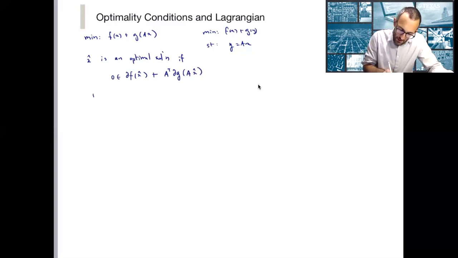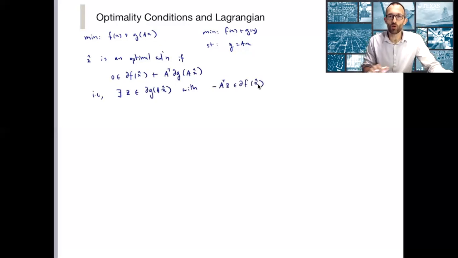This means x hat is optimal if there exists some z that's an element of the subdifferential of g at A x hat that satisfies minus A transpose z is an element of the subdifferential of f at x hat. I'm just rewriting these relationships. I haven't done anything really of consequence. So this is what it means, existence of z.